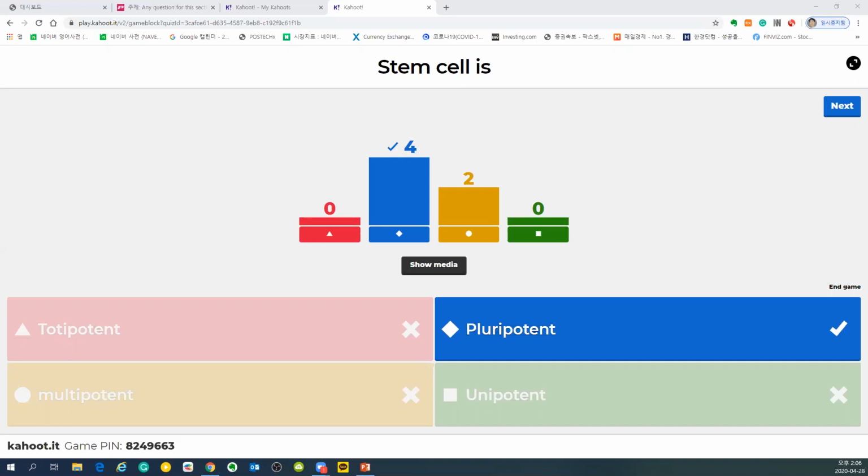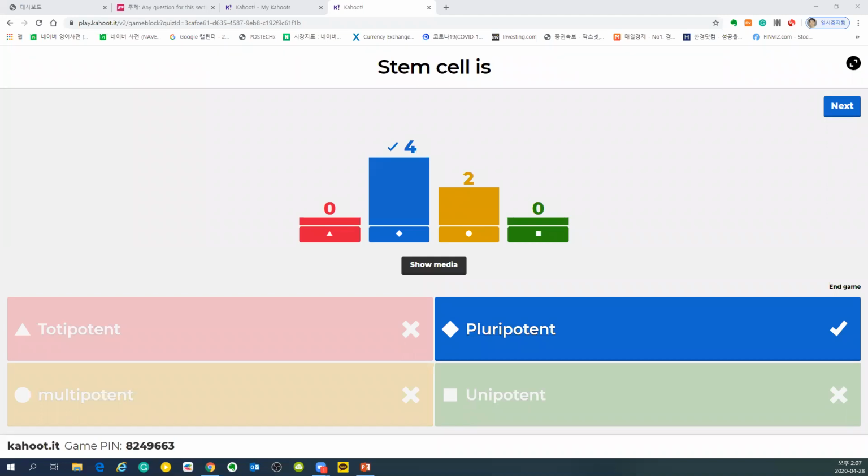Okay. So while we are waiting for Yonghun, stem cell is pluripotent, and unipotent means it can make only one type of cells. So a muscle cell, if it divides, can make only muscle cells, and a neuron cell can make only neuron cells. That's unipotent. Multipotent means it can make more than one, but not every cell type in our body.